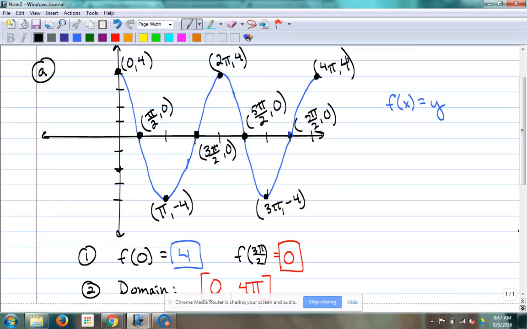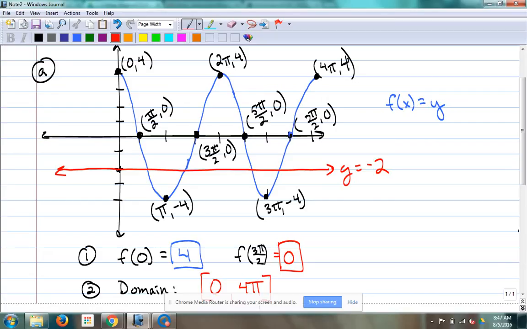Horizontal, right? Y equals a number is horizontal. So this is what it looks like. That's y equals -2. How many times does that cross? 4 times. 1, 2, 3, 4. It doesn't ask what the crossing places are, just how many times.